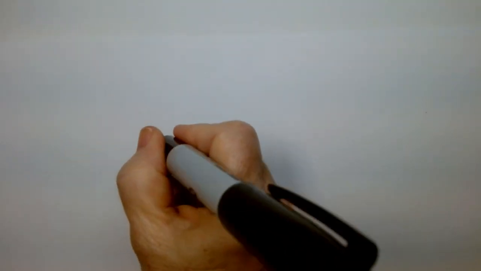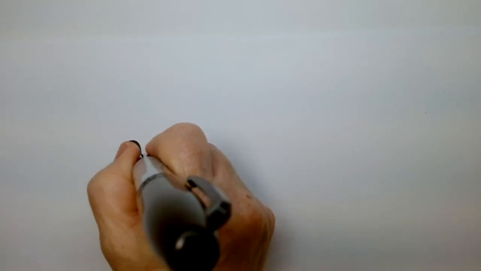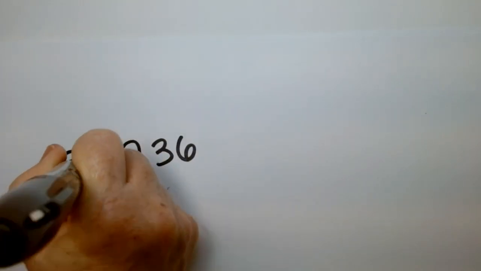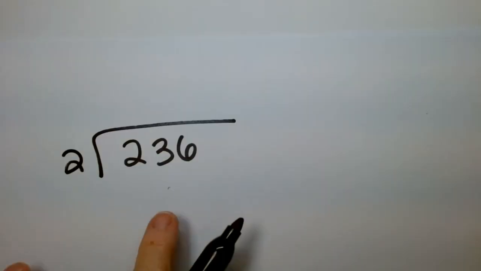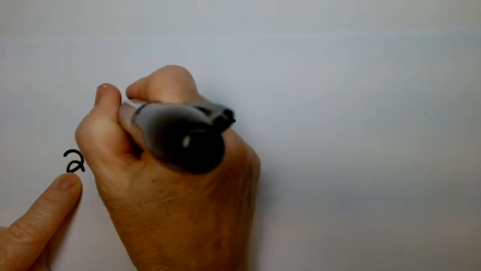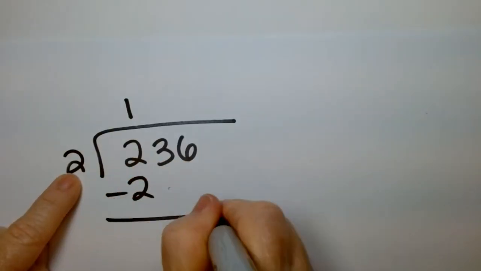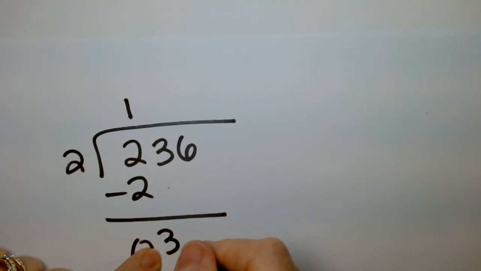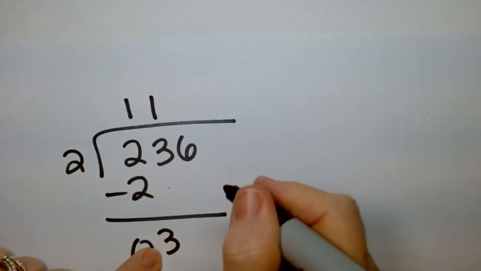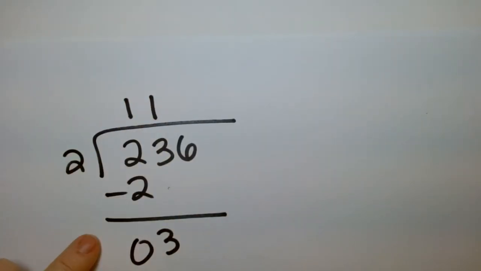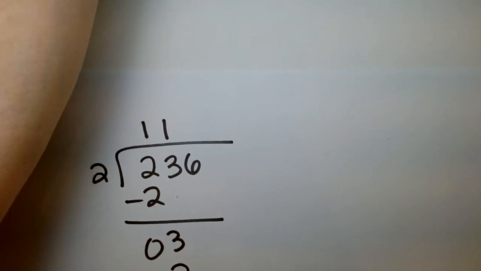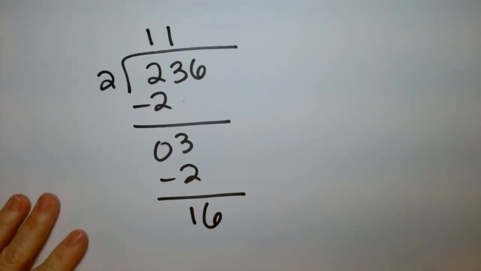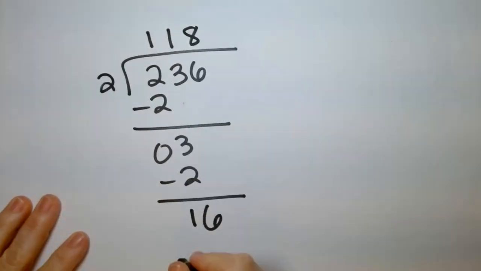If I have, let's see, I'm going to use one of your numbers you gave me before, 236 divided by 2. So 2 goes into 2 how many times? 1, right? Minus 2, 0. Bring down the 3. 2 goes into 3 how many times? 1. 1 times 2, minus 2. We have a 1 and a 6. Here, let me back up the camera a little bit. 2 goes into 16, right?